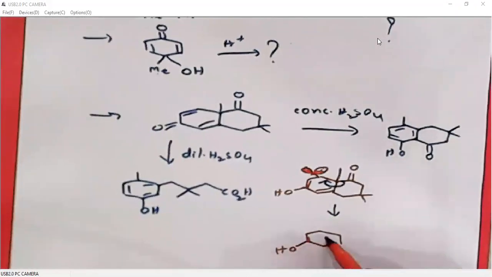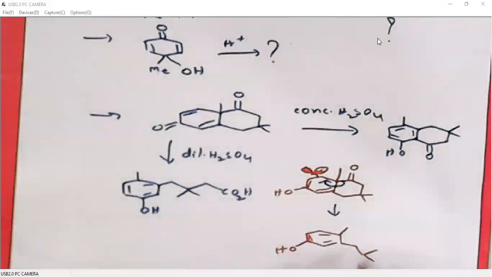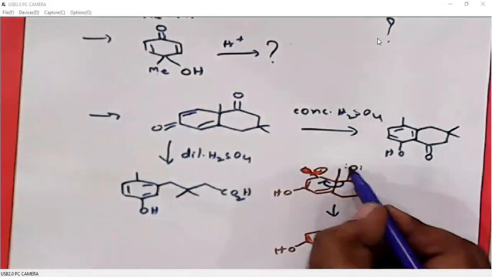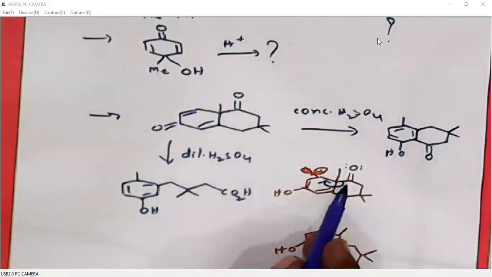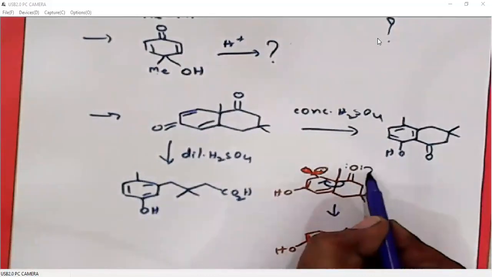OH, methyl group, carbon, two alkyl groups, and then why is it breaking? This bond breaking is facilitated by the lone pair of electrons on oxygen.